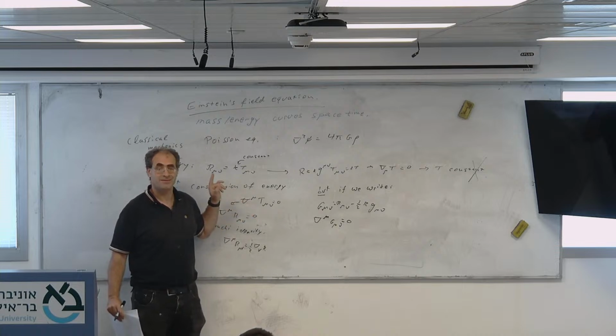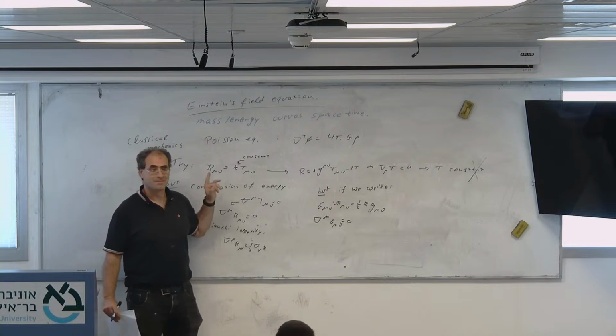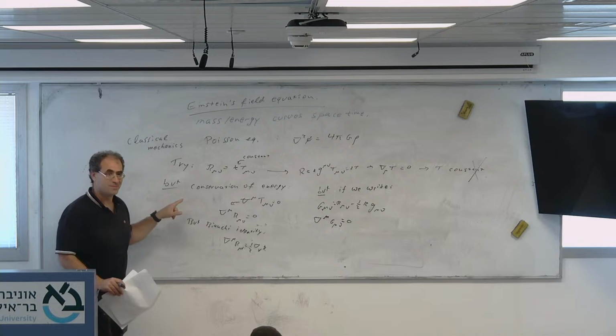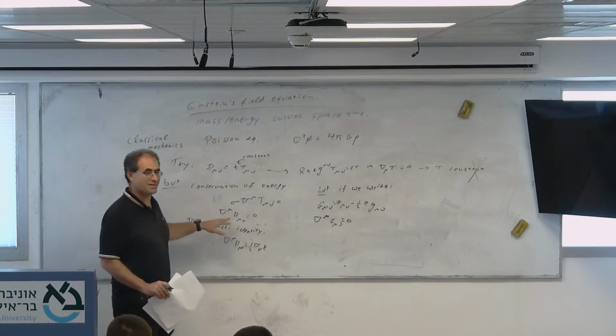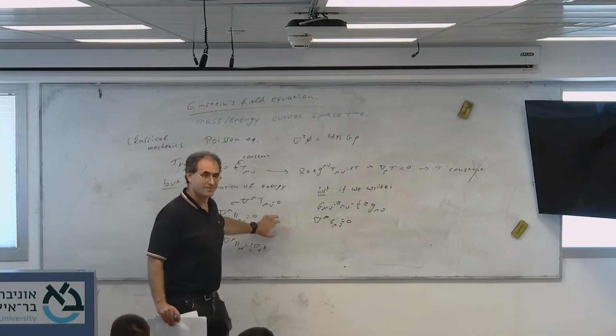So the Bianchi identity is not just a mathematical identity. It's also conservation of energy. Okay? It's not just the math. We did a lot of maths, but now we're putting the physics in it.